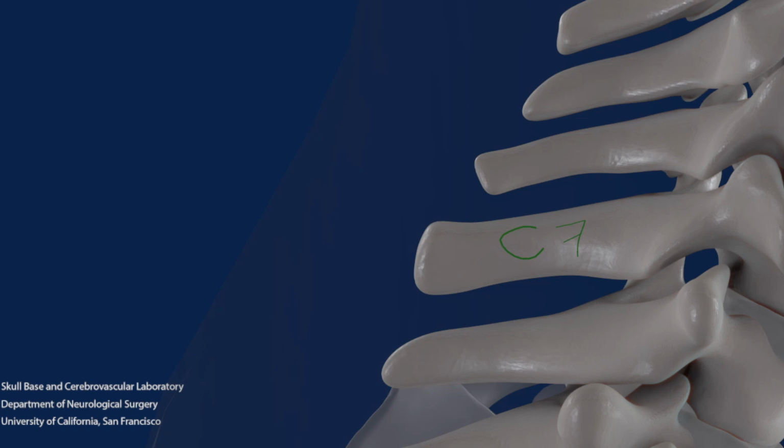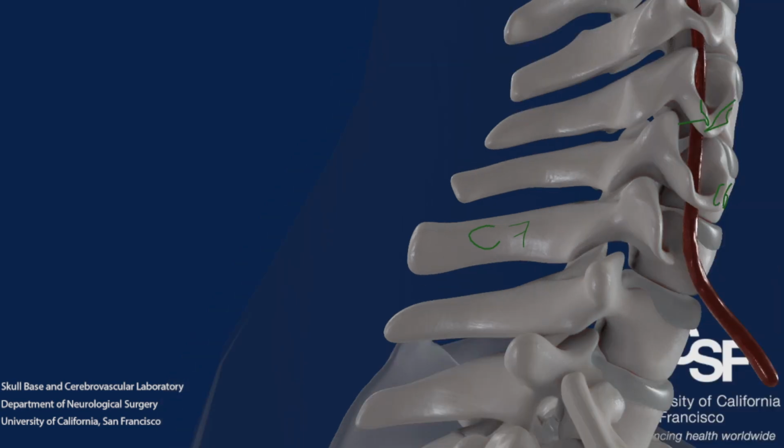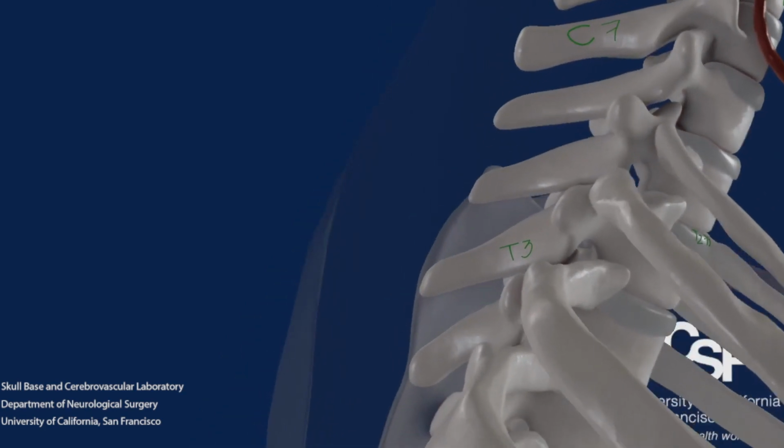In about 75% of the population, this is the most prominent one, but there could be some individuals in which the spinous process of C6 or T1 is going to be the most prominent one. So it is not always a rule, like anything in anatomy, there are anatomical variations, but it's conventionally the most prominent in this region.